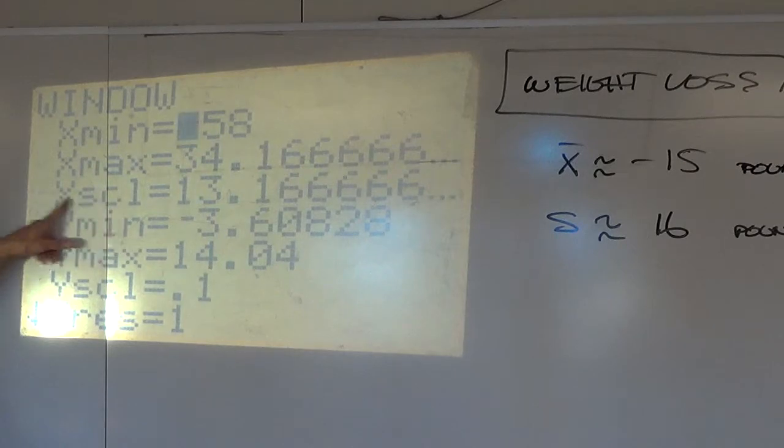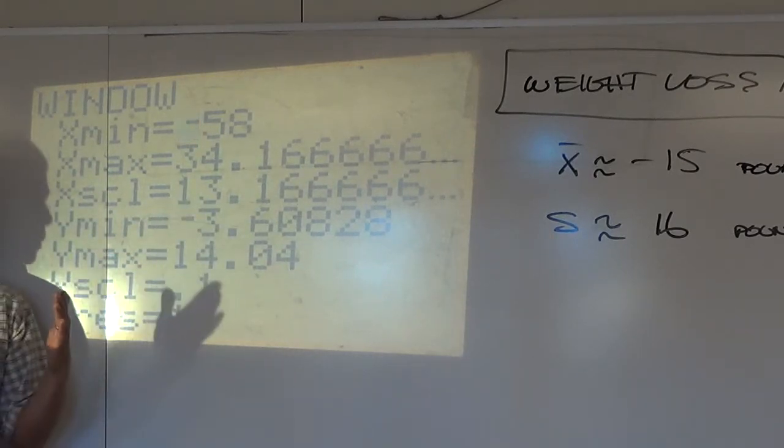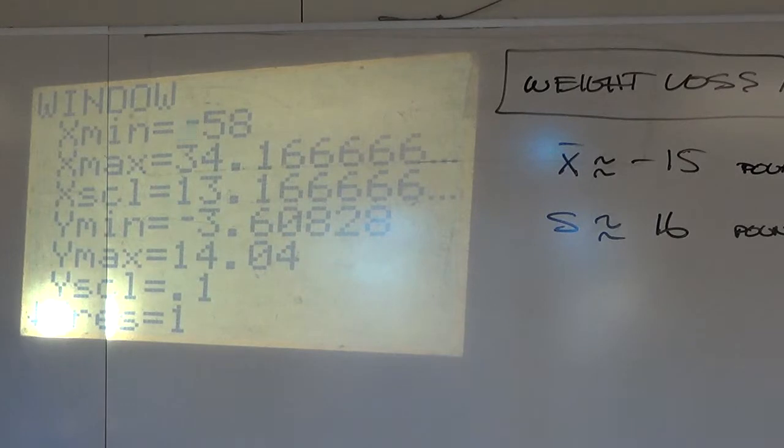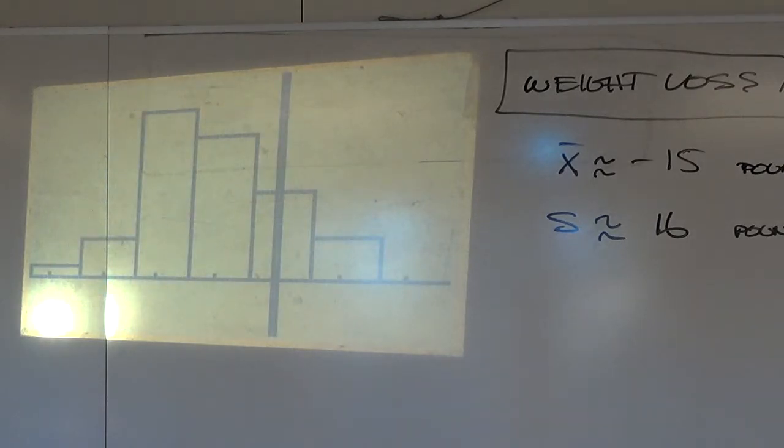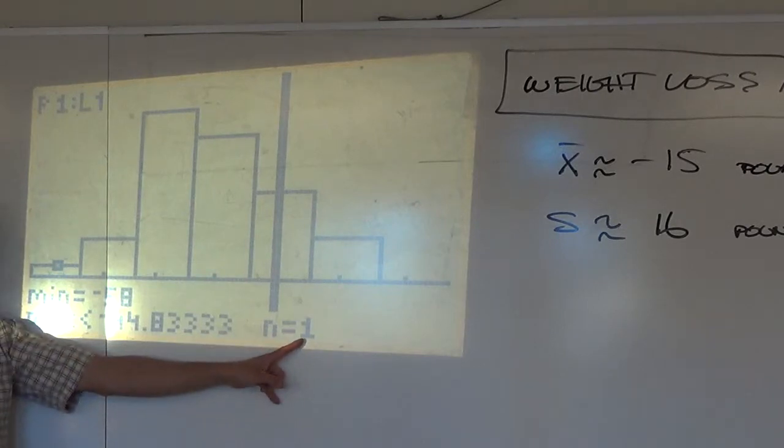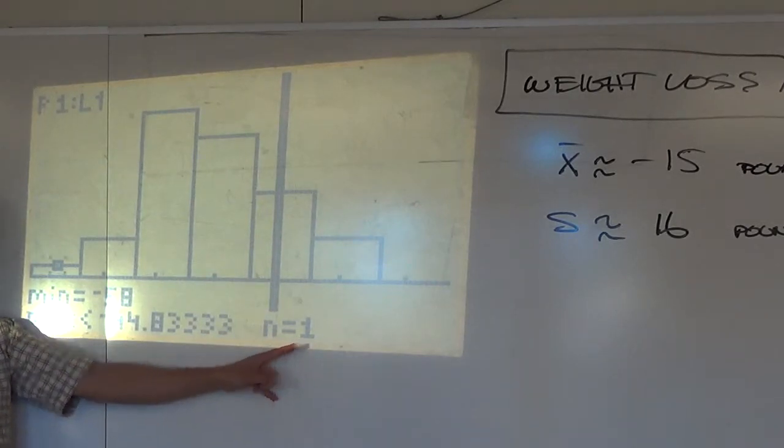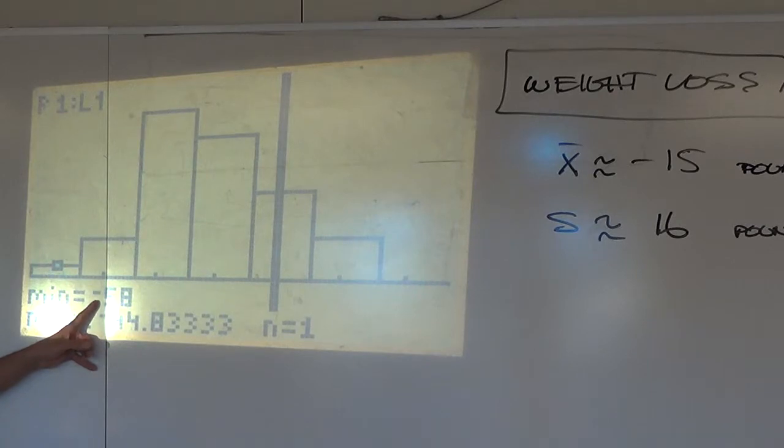See this X scale? That's how wide each of the bars is. So press graph. Here's your histogram, right? Now press trace. If you press trace, this little spider appears, and that little spider tells you that there is one data point that is at least -58 pounds up to but not including -44.833333 pounds.